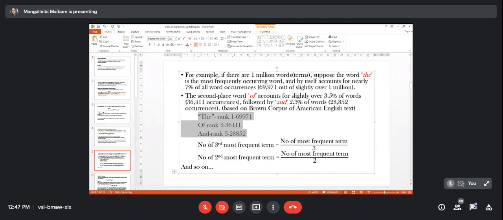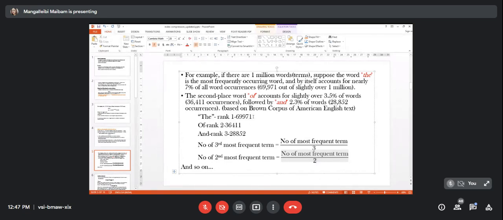and. So the number for the third most frequent term will be the number for the most frequent term divided by 3, and that is how we got the third most frequent term. The number for the second most frequent term will be the most frequent term divided by 2. These are all approximate values; you won't get the exact value. Here the most frequent term is 69,971.